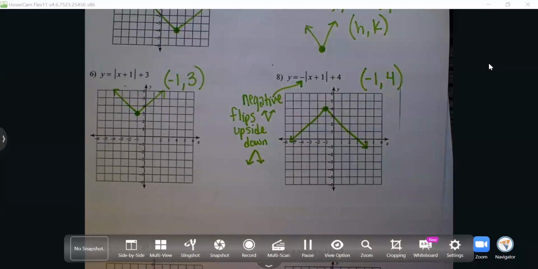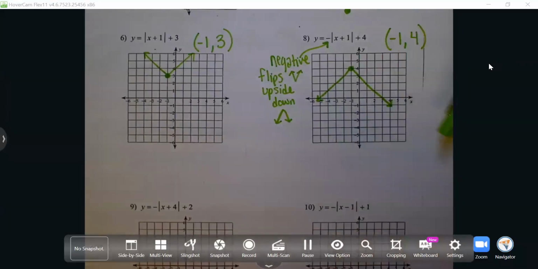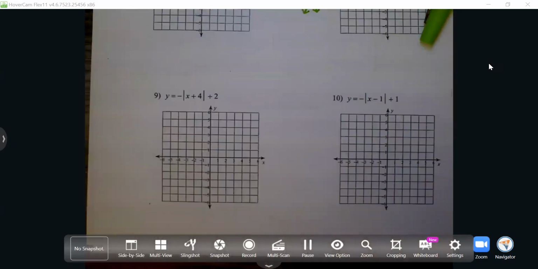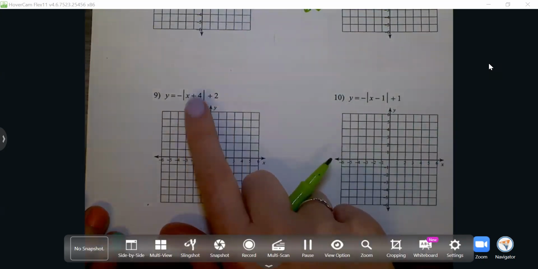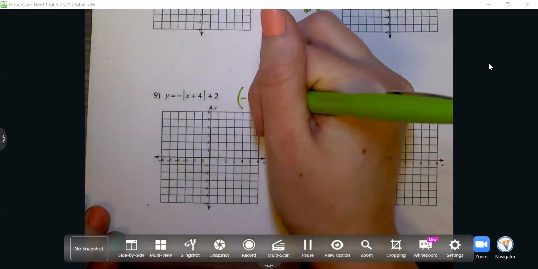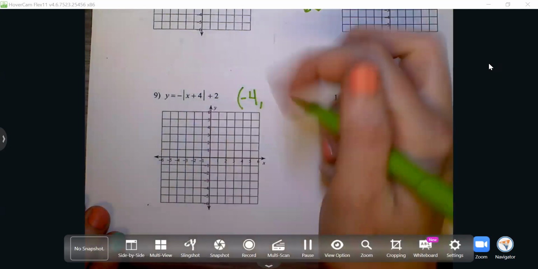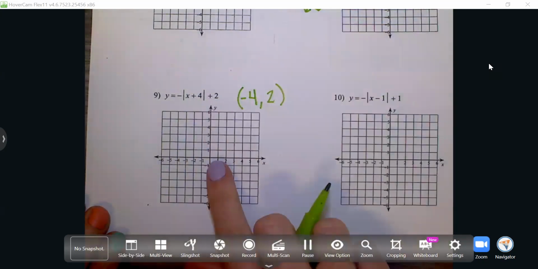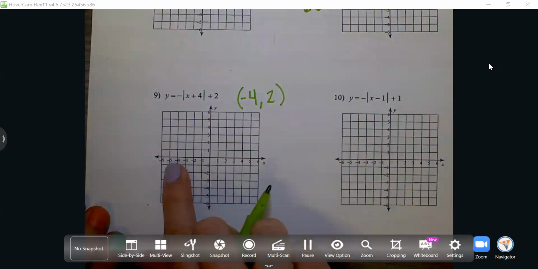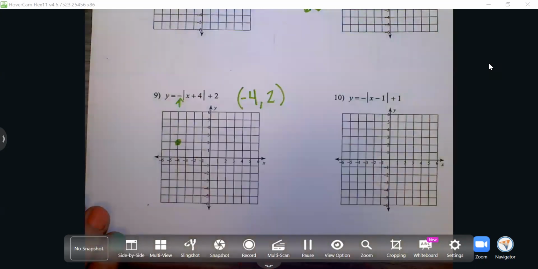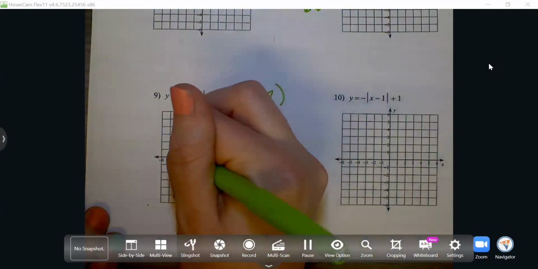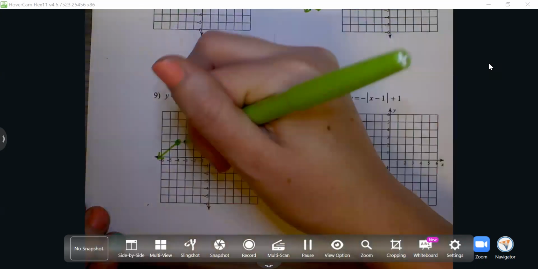So let's do two more like that, where I'm flipping it upside down. If I have x +4 +2, my vertex is a -4, and I keep this one +2, and I plot that point, -4, +2. There's a negative sign in front, so it's flipping my V shape upside down.